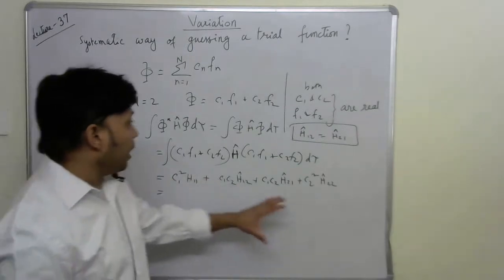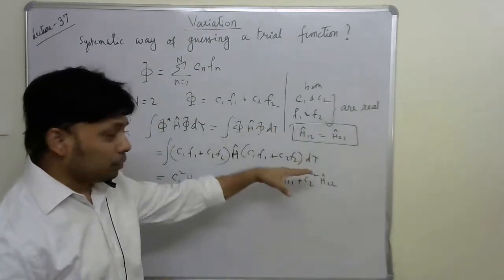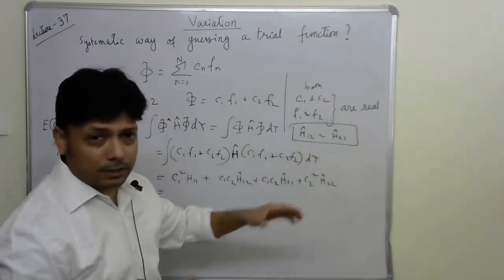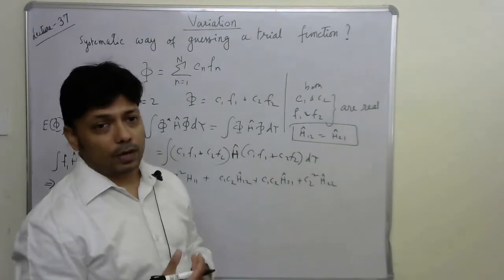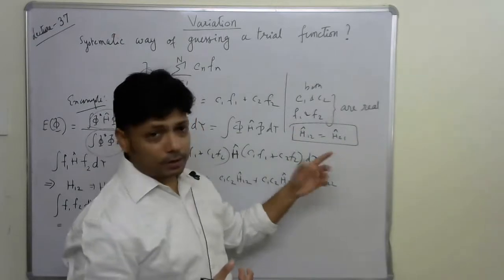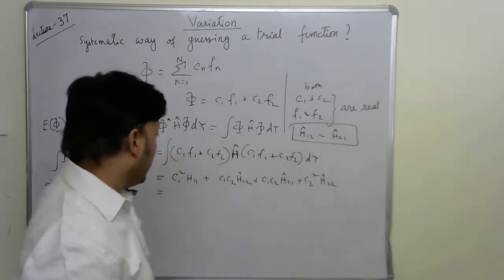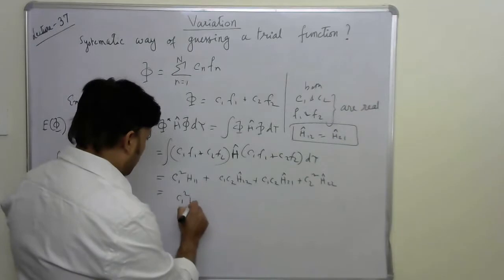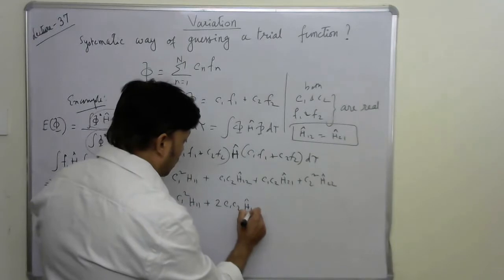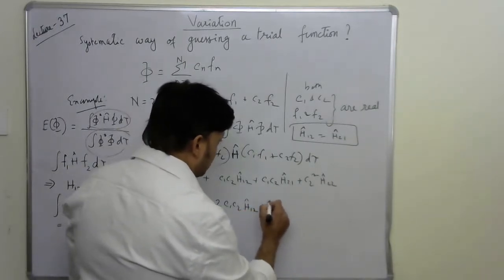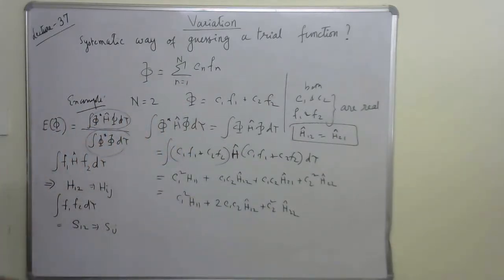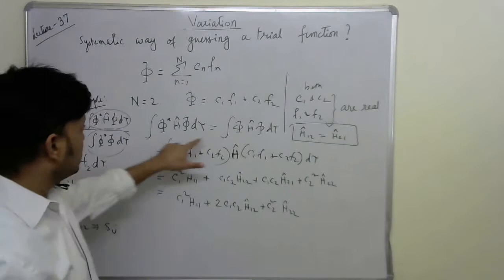Applying the Hermitian condition, this equality is automatically implied, because F1 star is equal to F1 and F2 star is equal to F2. Therefore it reduces to C1 square H11 plus 2 C1 C2 H12 plus C2 square H22. So this is the expression of this part.